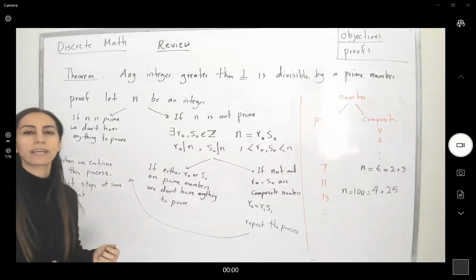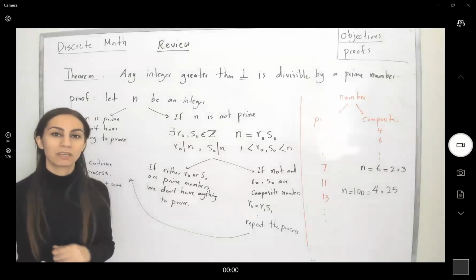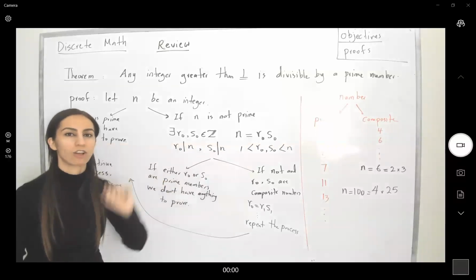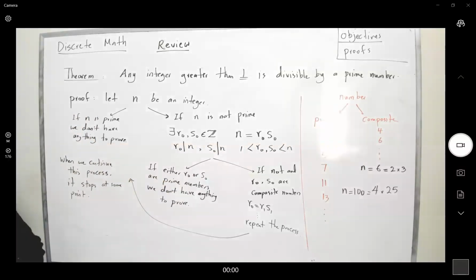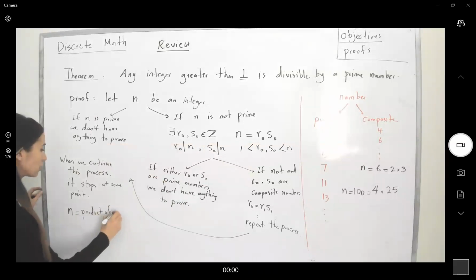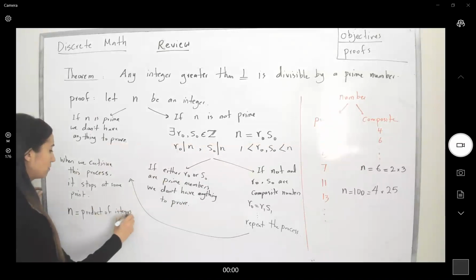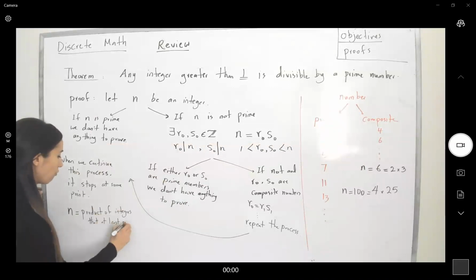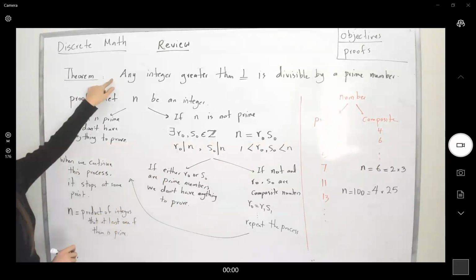We eventually can find a prime number that belongs to one of the divisors or factors of n. So we write it this way. We write n as the product of integers that at least one of them is prime. So we're done.